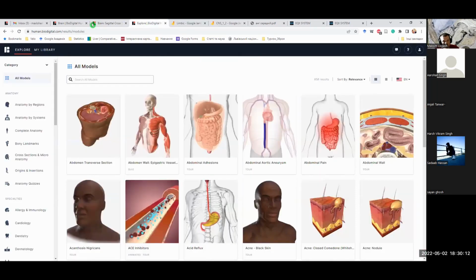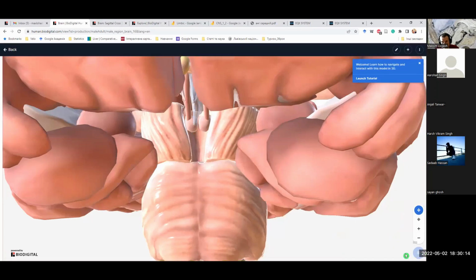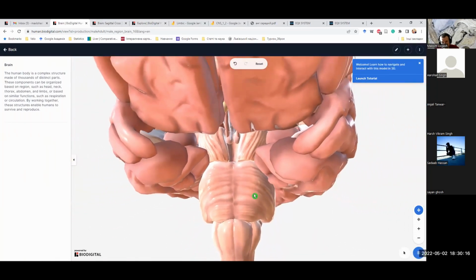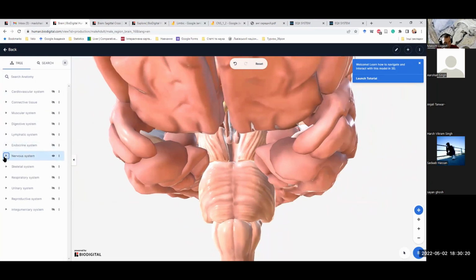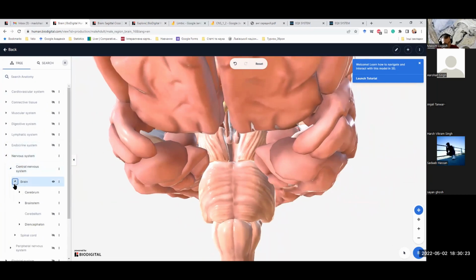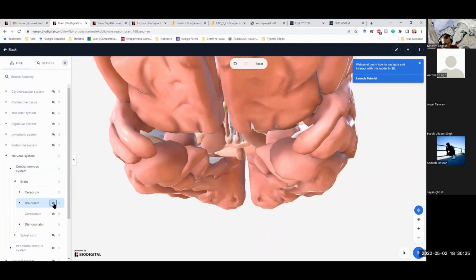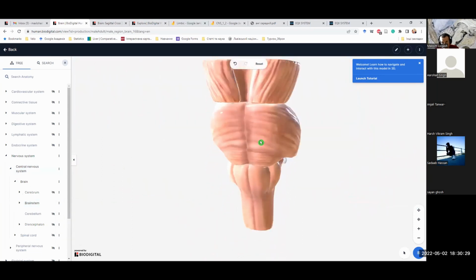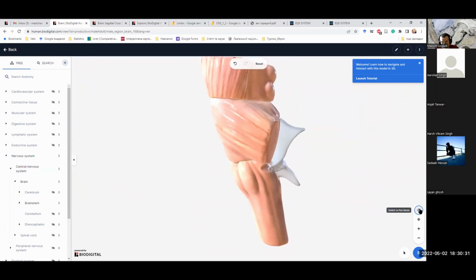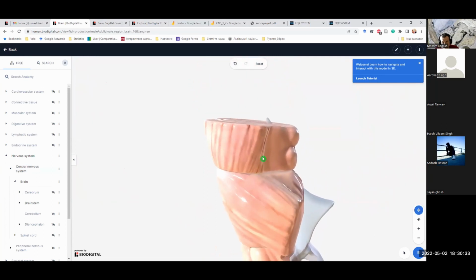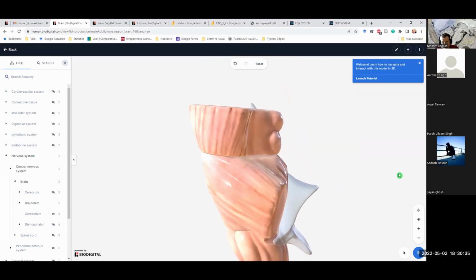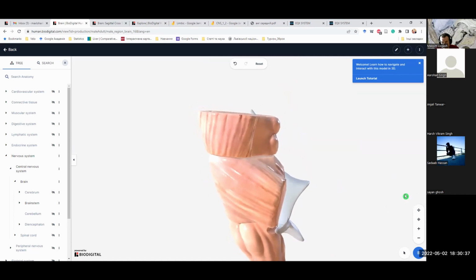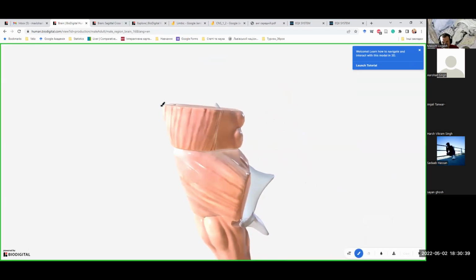On lateral view, let's do the same. If it's, for example, only a brainstem model, on lateral view, again, just remember what we have in front.